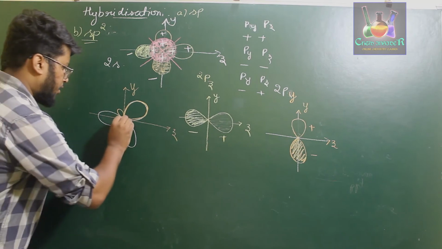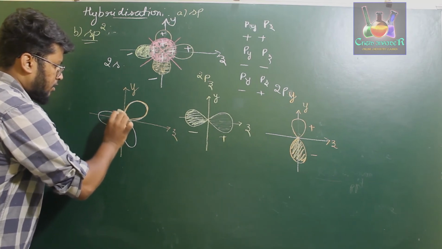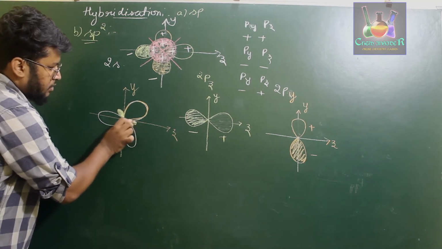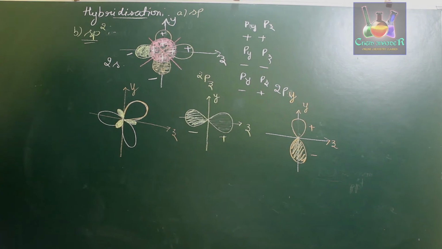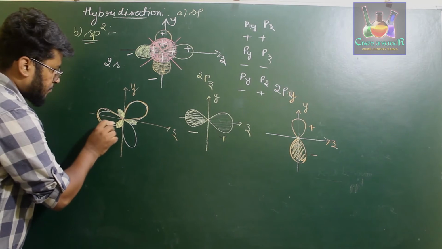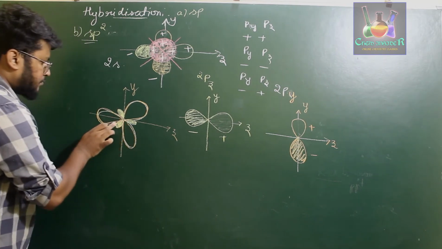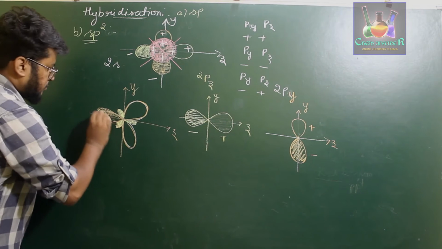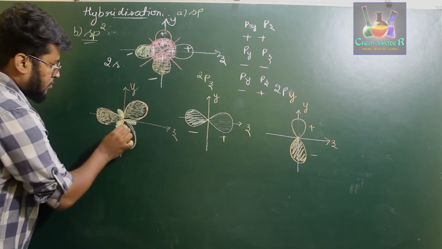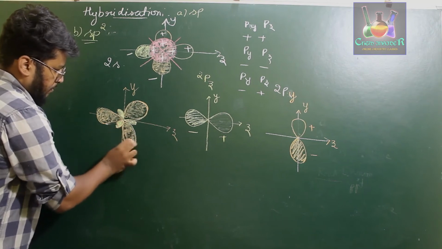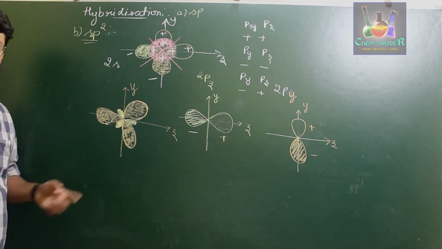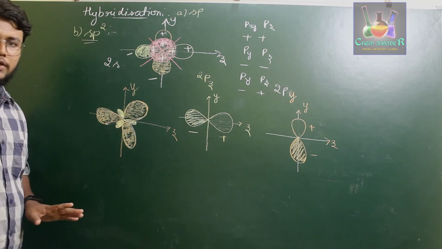So if I draw it, you can see that clearly. The negative lobes of py and pz will be in a particular direction, whereas the positive lobes will be in these directions. So this is how the sp2 hybrid orbitals form in a geometry.